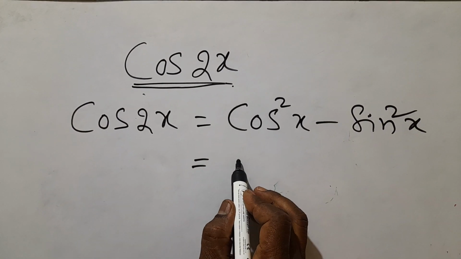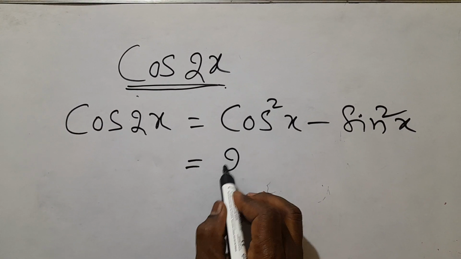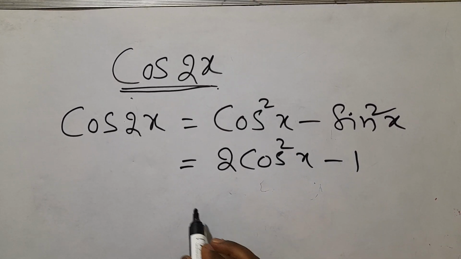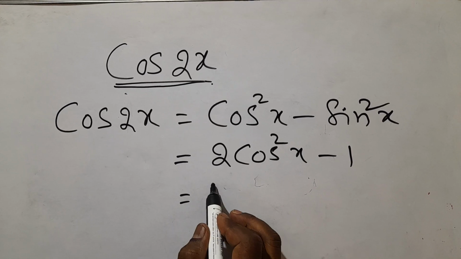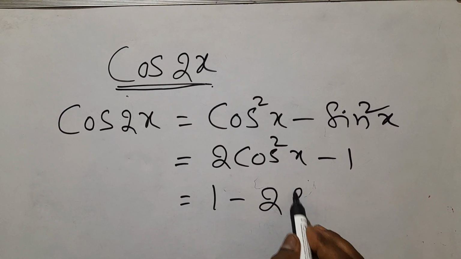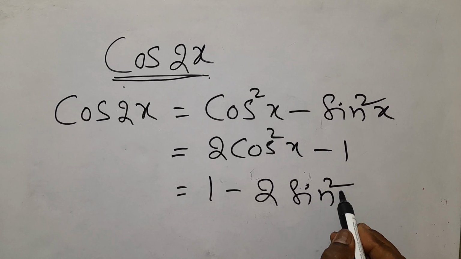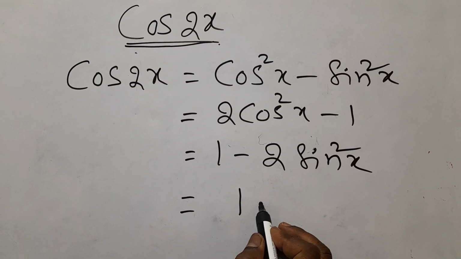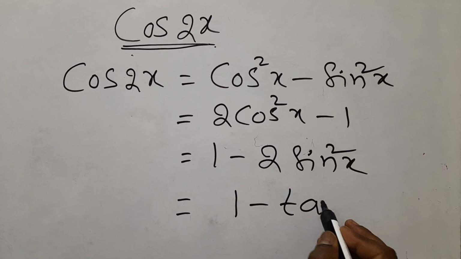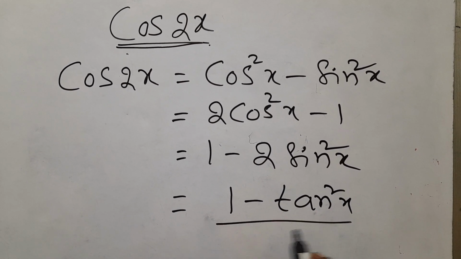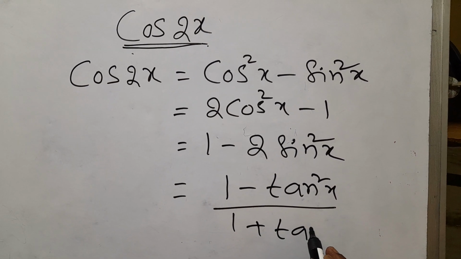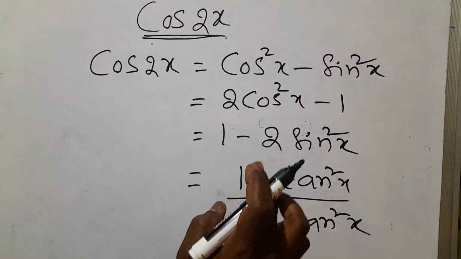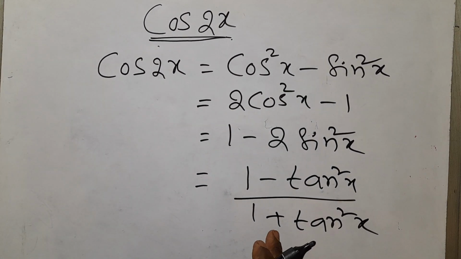It can also be written as 2 cos square x minus 1, also 1 minus 2 sin square x, equal to (1 minus tan square x) by (1 plus tan square x). So cos2x can be written in these many ways.